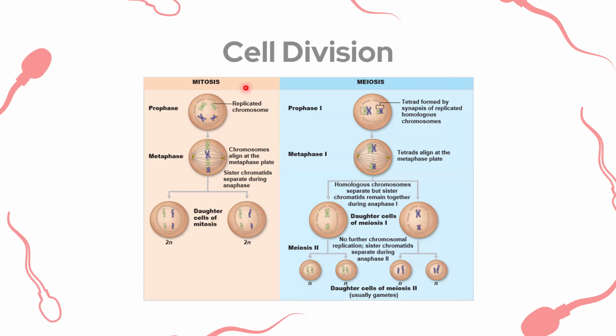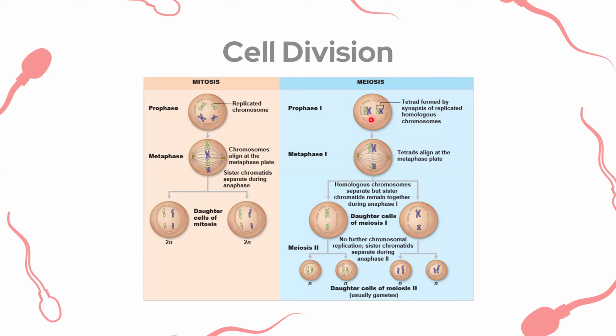Our now replicated 4N cell is going to split to give me two 2N cells that are absolutely identical to the mother cell. Okay, so we start off with 2N, we replicate to 4N, and then we split into 2N again. So we have a diploid cell at the end that is identical to the mother.